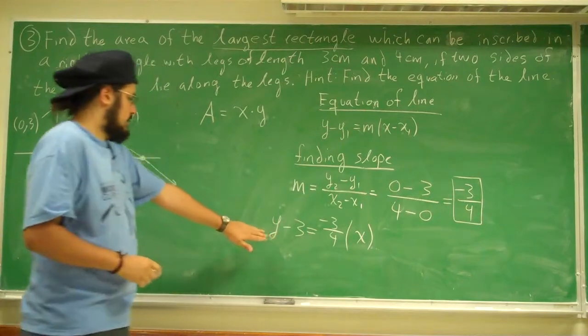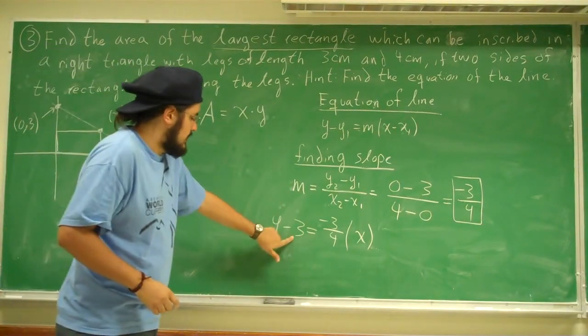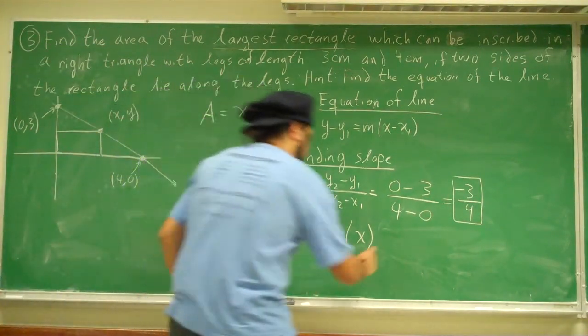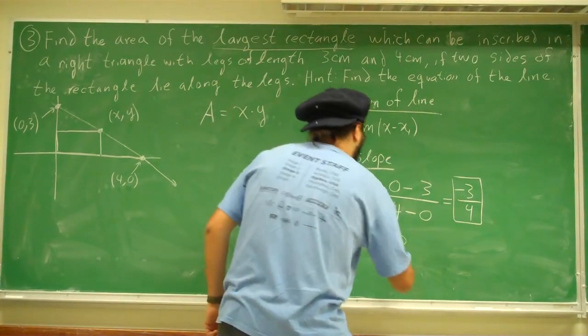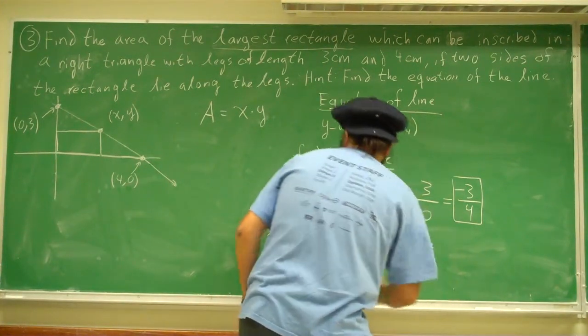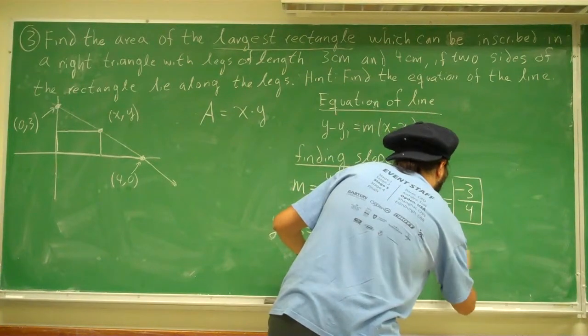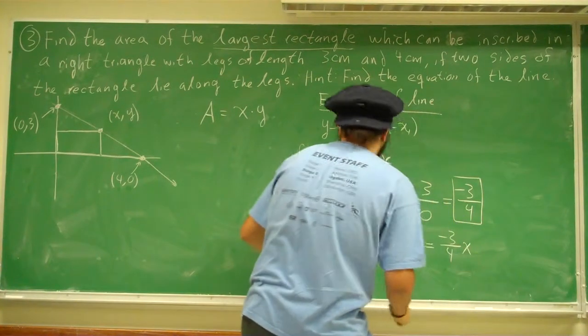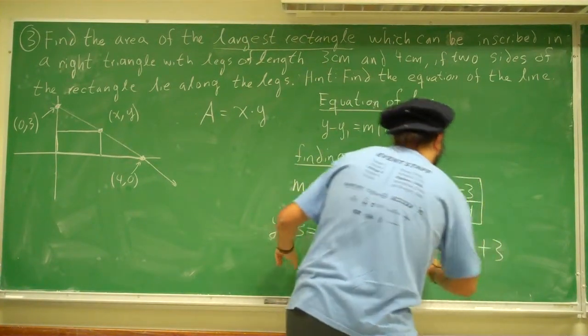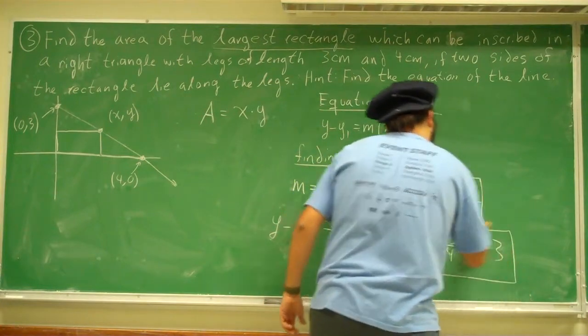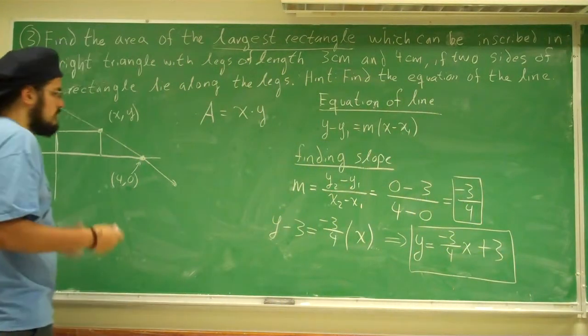Okay, and now let's solve for y. Let's add 3 to both sides. So this implies that y is equal to minus 3/4 x plus 3. So that's our y. Good.